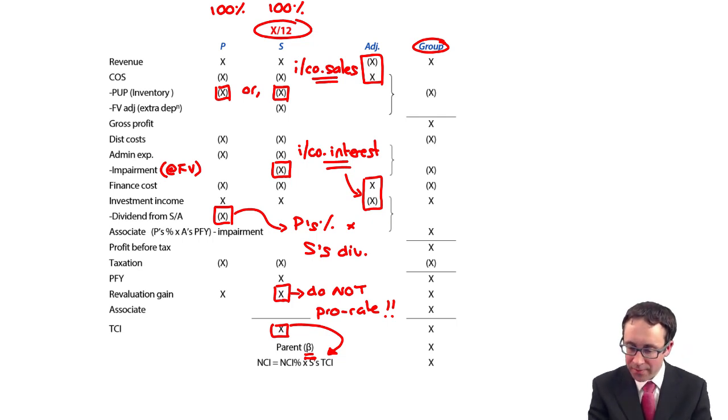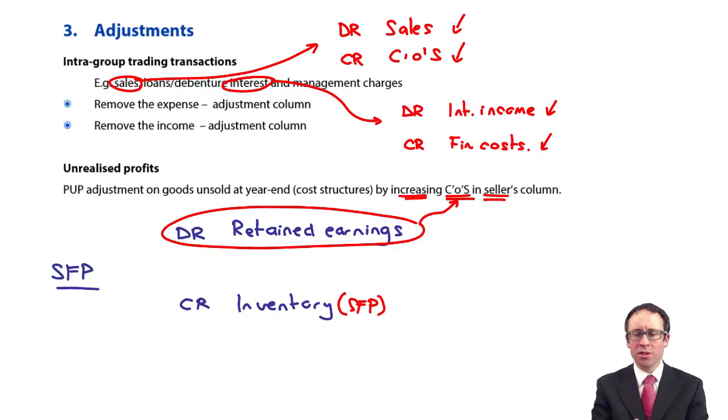So what we have there are two adjustments that are very commonly seen in any group statement of profit or loss question. Don't forget, on top of those, you've also got the adjustments for goodwill impairments. And making sure you adjust the correct column depending upon whether the goodwill is measured at the fair value of the NCI or the proportionate share of net assets method.